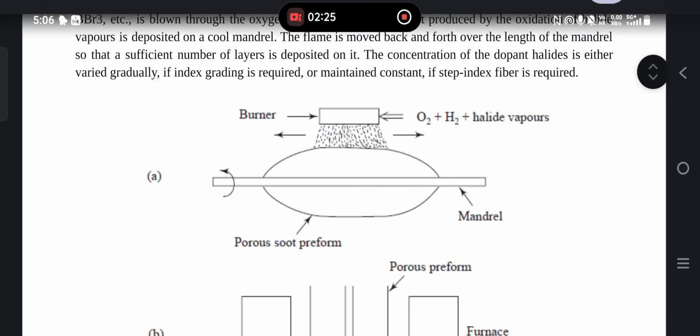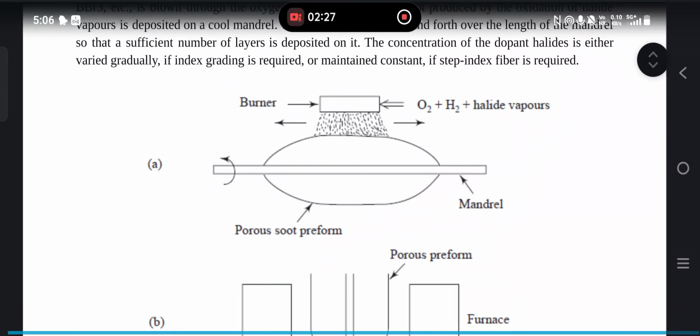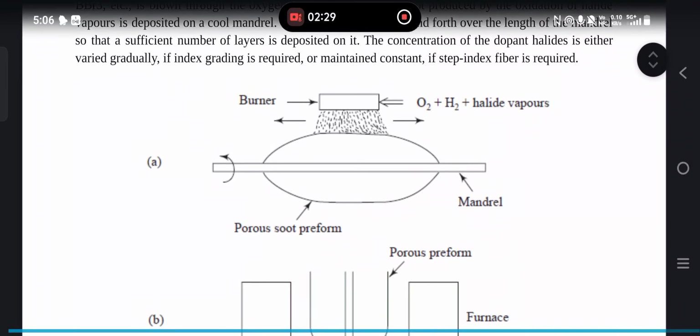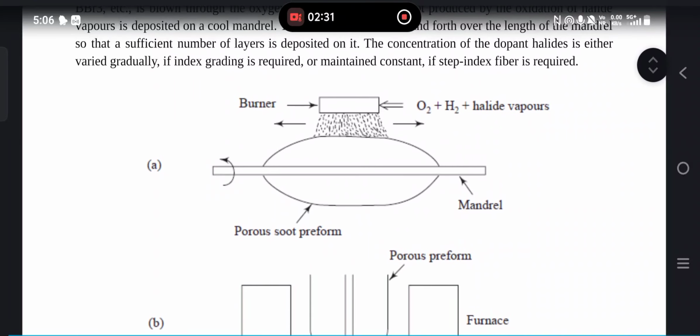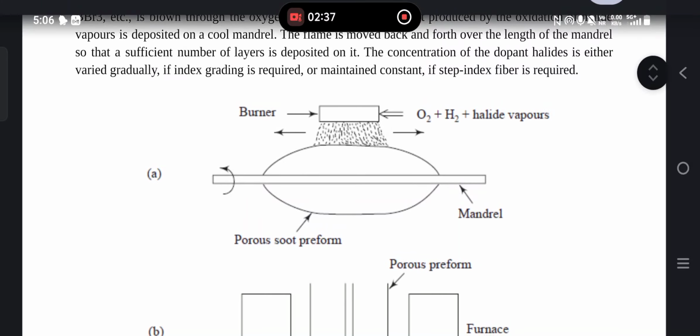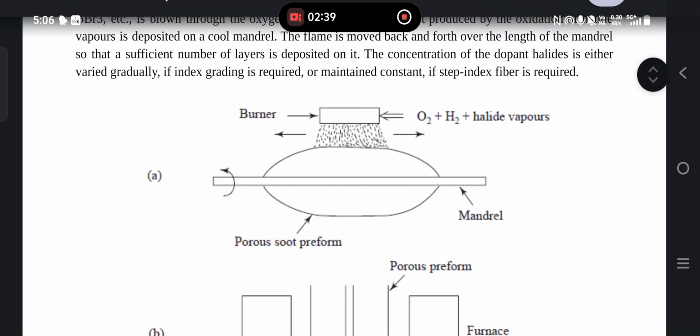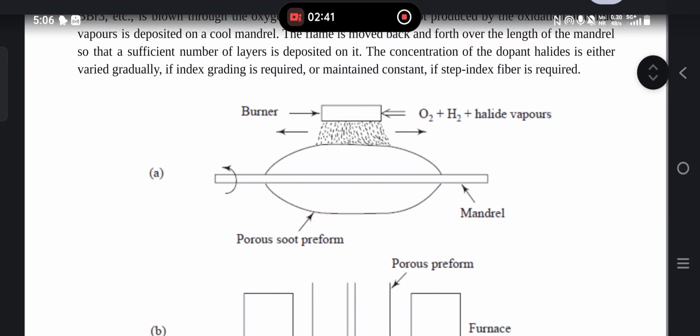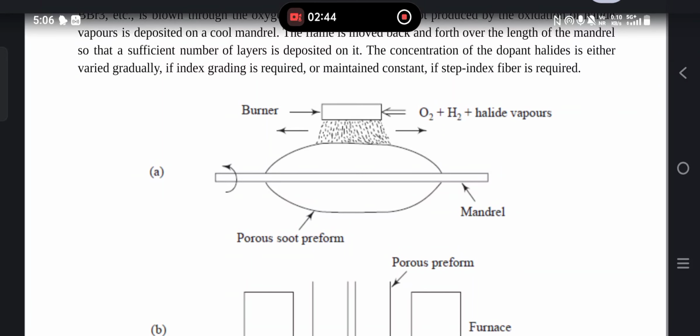So here with the same method we can have both types of fiber fabrication, step index fiber and graded index fiber. If we want to have the graded index fiber, then what is done? The concentration of the dopant halides is changed gradually. Due to the gradual change in the concentration, what happens?